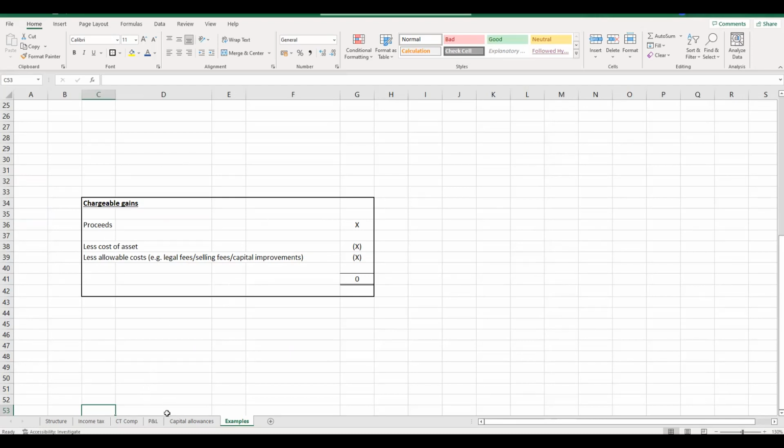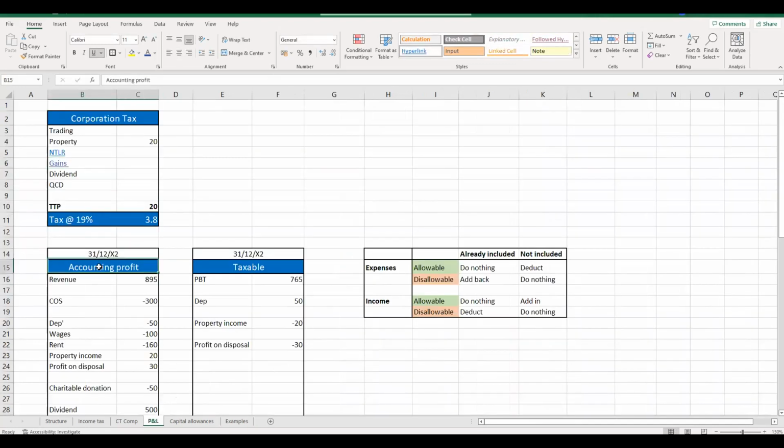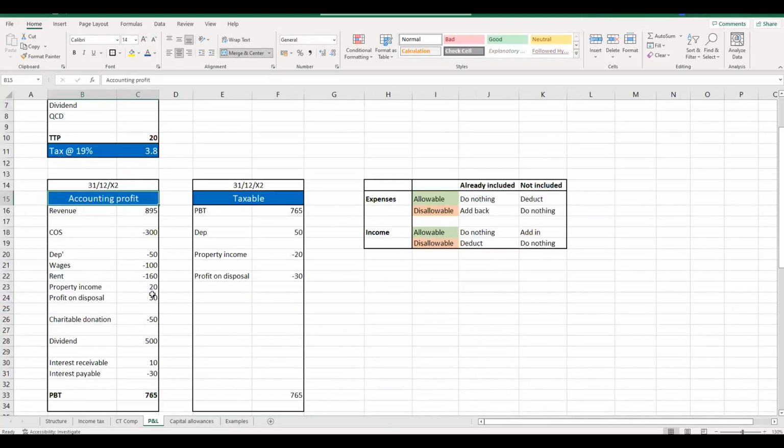So, of course, in this setting, we could have had maybe, they actually sold it for 90 and the cost of the asset was, let's say, 70, to get our actual chargeable gain on disposal of 20. Now, remember, the number that's gone through our financial statements is the accounting profit on disposal. So there we would have compared the proceeds to the net book value and then worked out what that profit on disposal is.